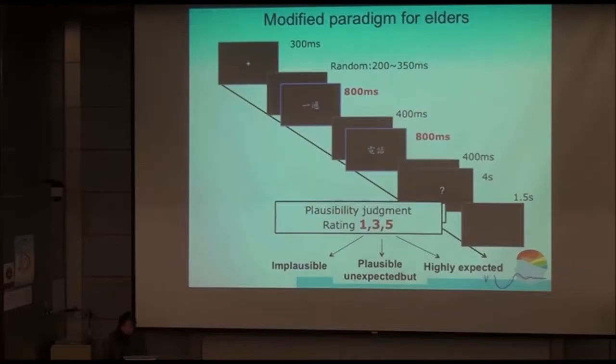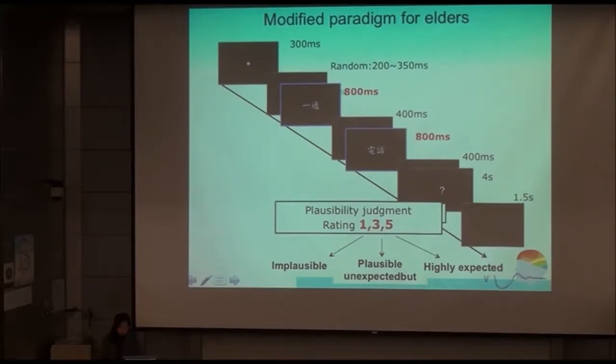So now we want to modify this paradigm for elders to see whether aging would affect these two effects differently. We know elders or patients will read much more slowly. So here we have to slow down the presentation rate.